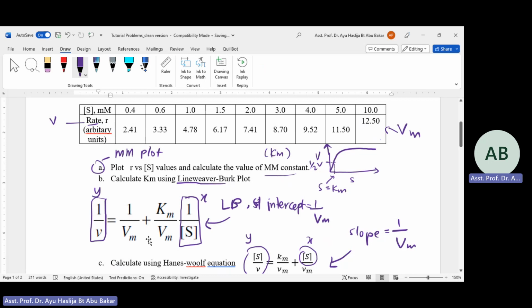I think Mahbubur got Vm equal to 14 something. Again, it depends on the plot. As of now, you are using just manual plotting, hand plotting, so the value might deviate a bit. The Km, roughly you will get similar to the A value, which in A you get around 1.7 to 1.8, basically less than 2.